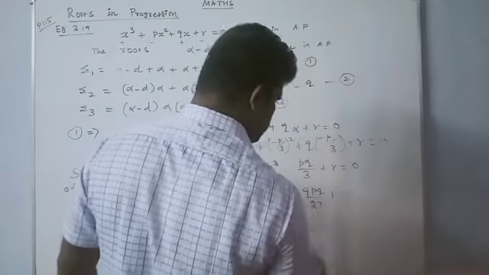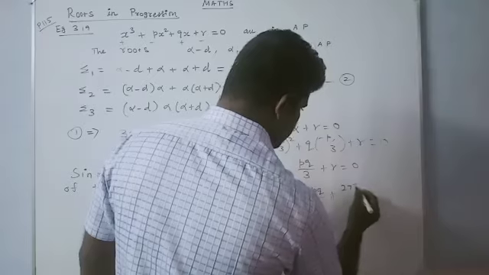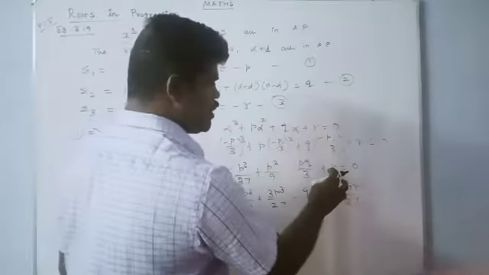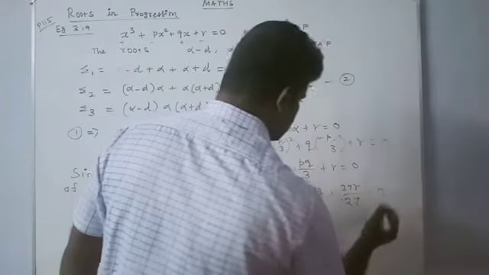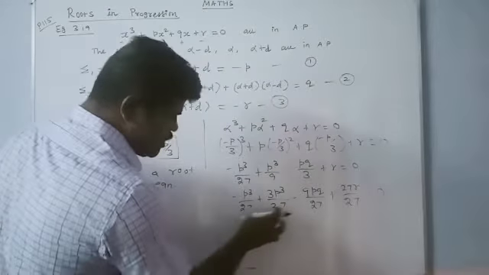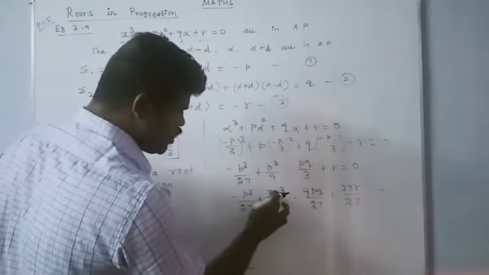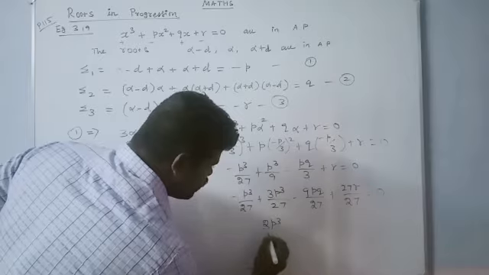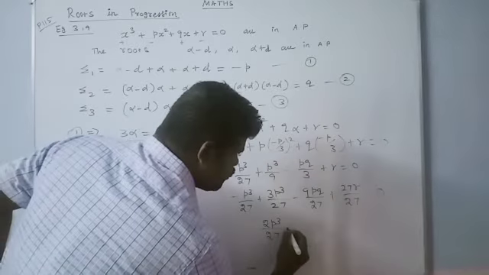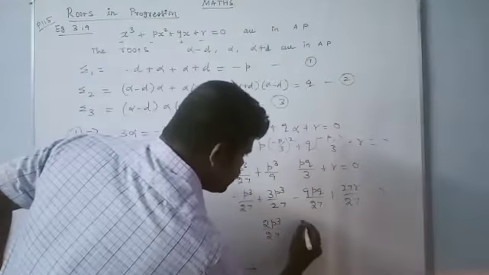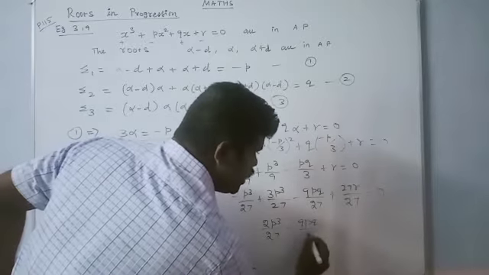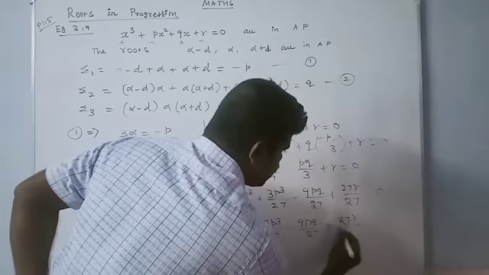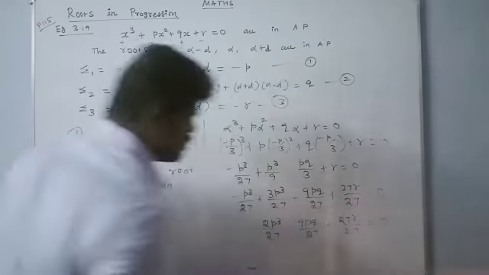Here also plus 27r divided by 27, multiplying the numerator and denominator by 27, equal to 0. This is minus p cube, this is 3p cube, so the answer is 2p cube by 27. And here minus 9pq by 27 plus 27r divided by 27 equal to 0.